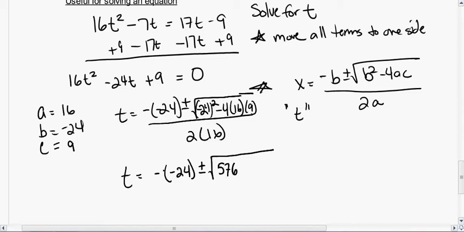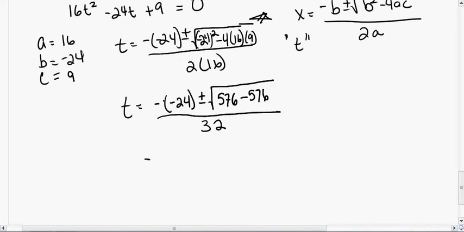And you can double check that on your calculator. 4 times 16 times 9 is also 576, and I'm subtracting. So it looks like my discriminant is once again going to be 0. 576 take away 576 is going to be 0. And then on the bottom, 2 times 16 is 32.